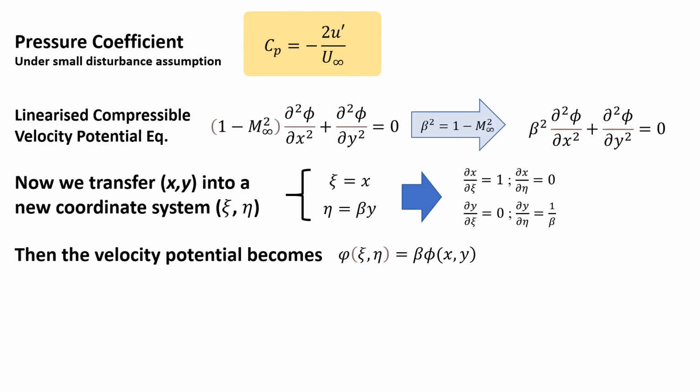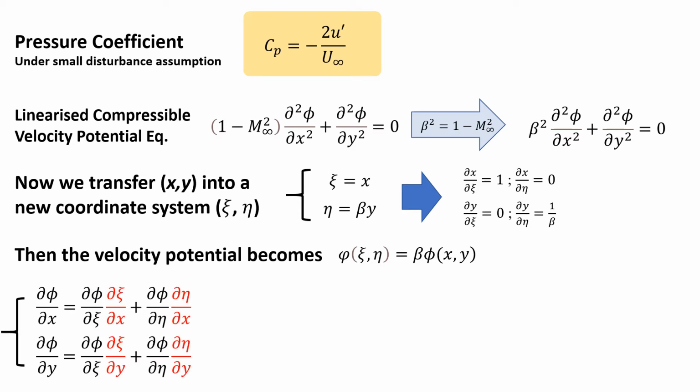And also we will define the new velocity potential in the new coordinate system, which is small phi, and they have this relation. Using this relation, we will use the chain rule to find the derivatives, for example, partial phi, partial x, and partial phi, partial y.